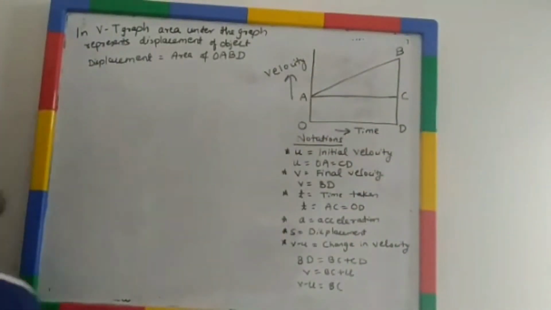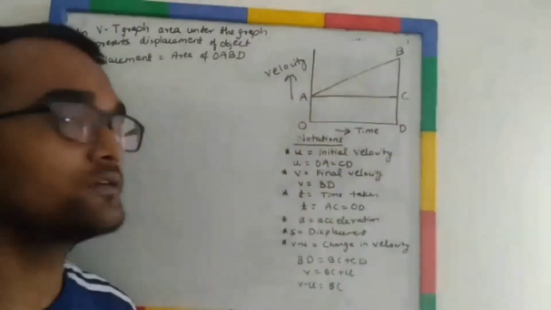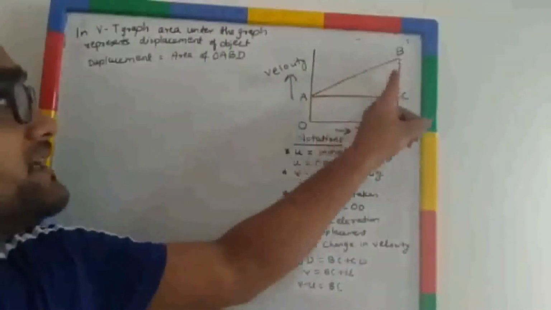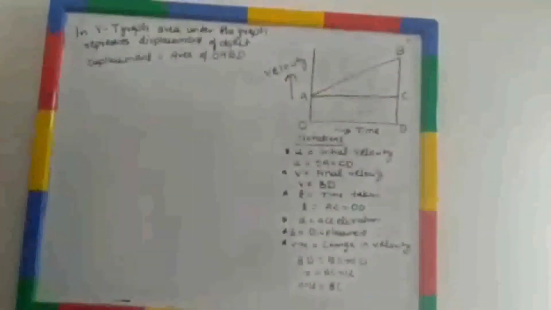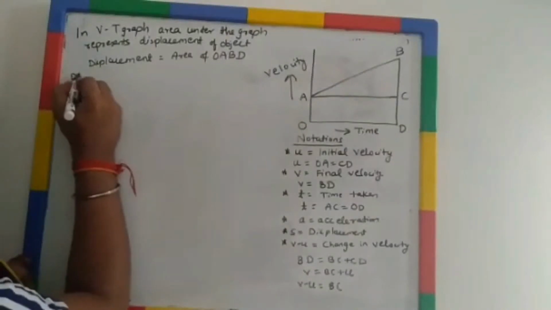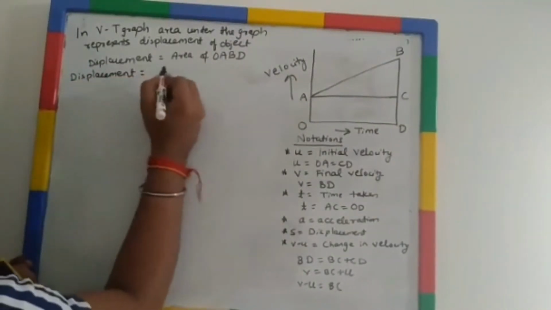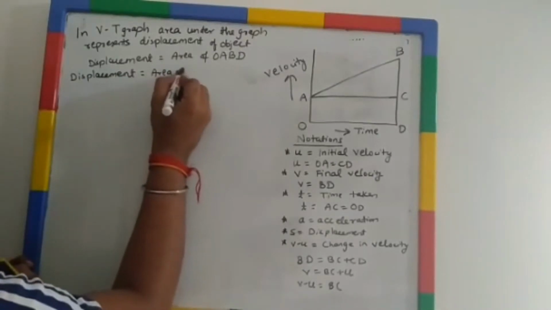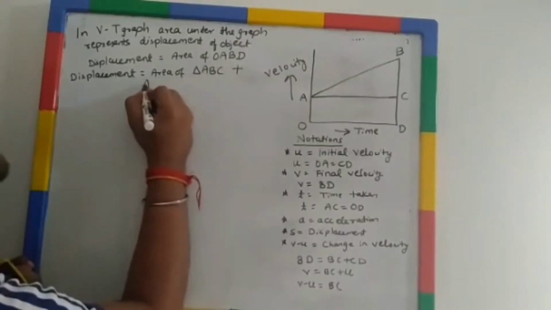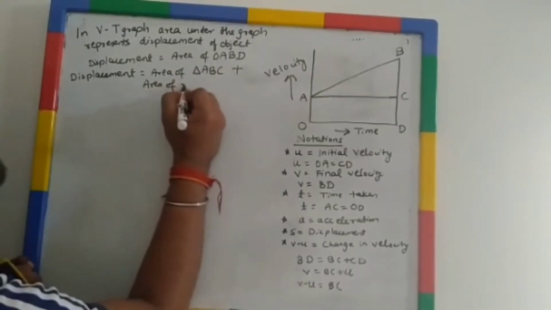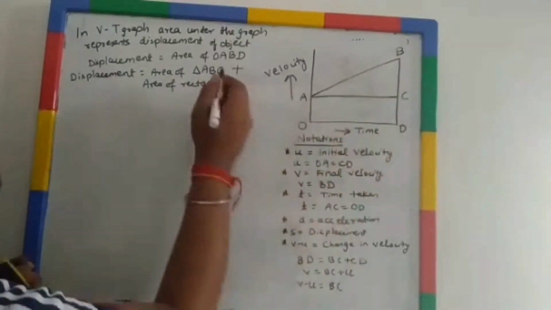As you can see in this diagram, OABD includes a triangle ABC and a rectangle OACD. So, displacement will be equal to area of triangle ABC plus area of rectangle OACD.